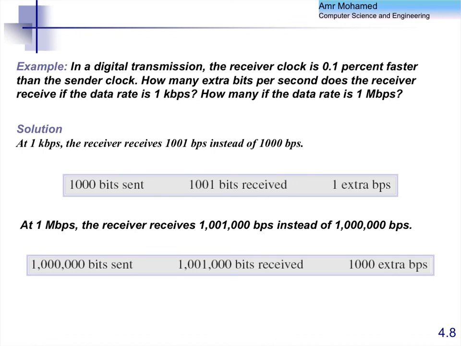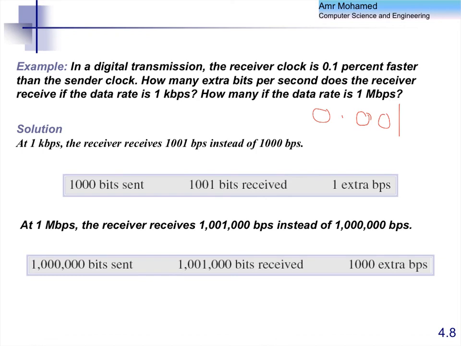How did I get that? 0.1% is 0.001, right? So we divide by 100. So this means that I have 0.001 extra. So for each 1,000 bits, I have 1 extra bit at the receiver side.